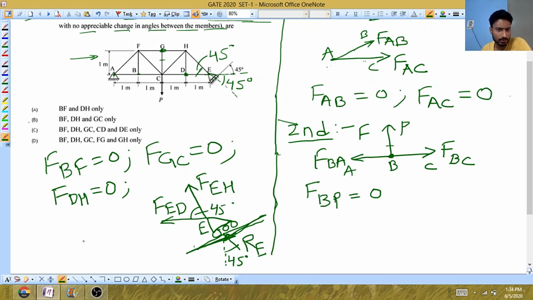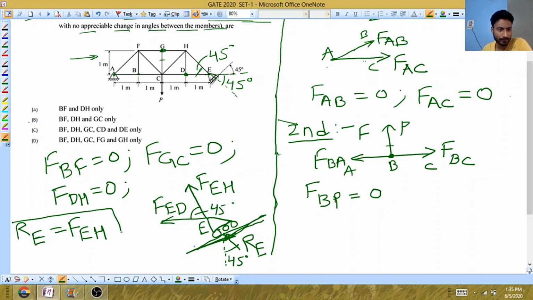So if you observe carefully, this RE will be in same line with FEH. RE will be in same line with FEH. So what does it mean? It means that RE is equal to FEH.